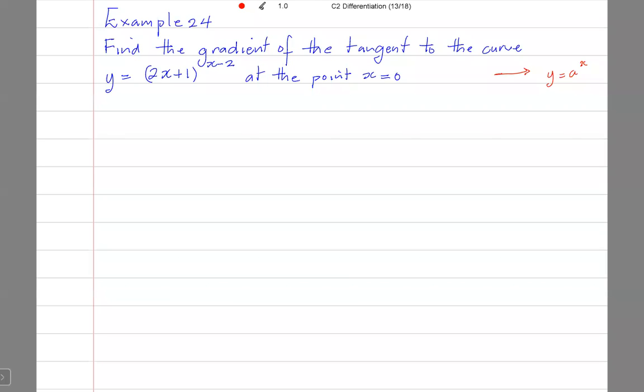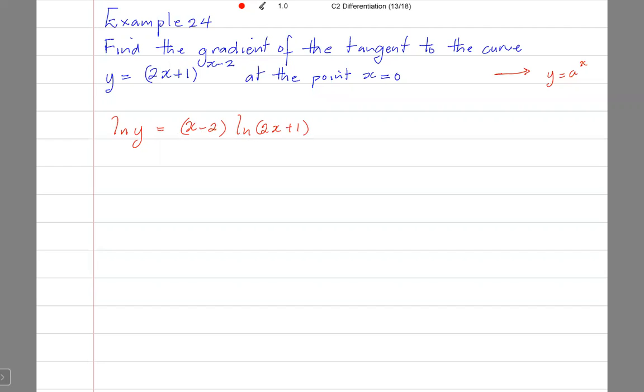So the first thing I would do is take ln of both sides. So ln y is equal to (x minus 2) ln(2x plus 1). Tell me if you agree so far. Yes, sir. The power, x minus 2, comes to the front, and I basically take ln of both sides.